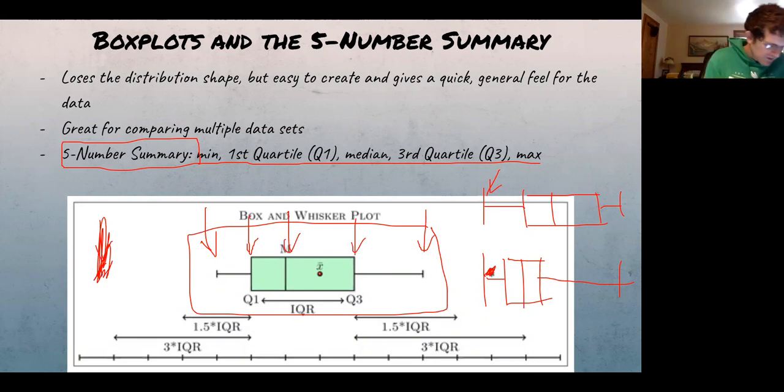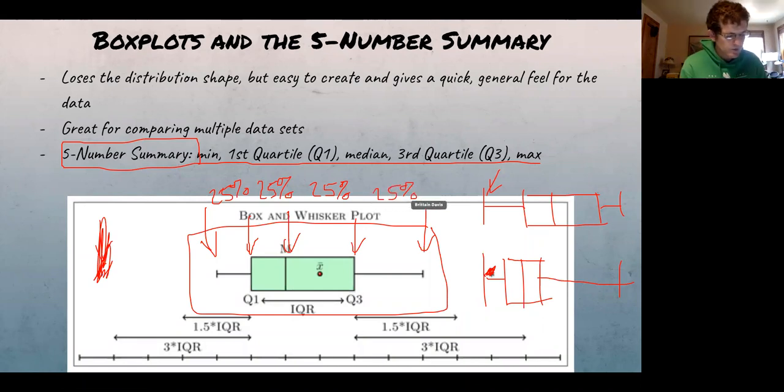If you remember from years past, you hopefully remember 25% of the data lives in each quartile. 25% lives between Q1 and the median. 25%, you can see the pattern here, goes from the median up to the third quartile, and 25% of the data lives between Q3 and the max. So this splits it up into the 4 quartiles.